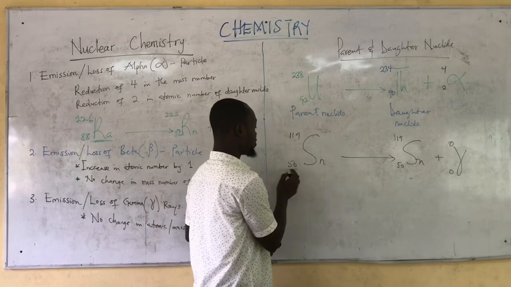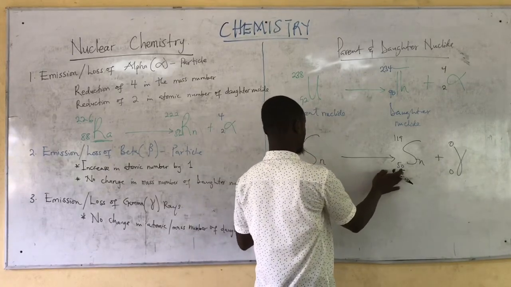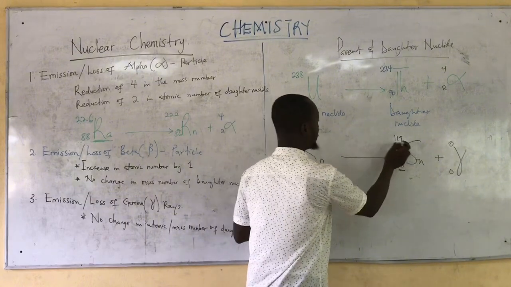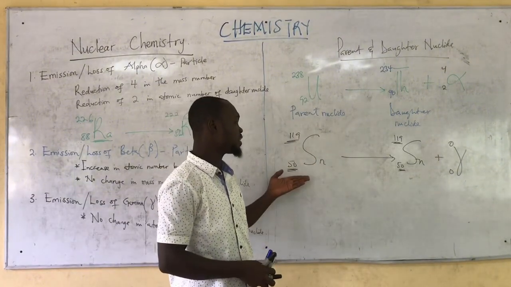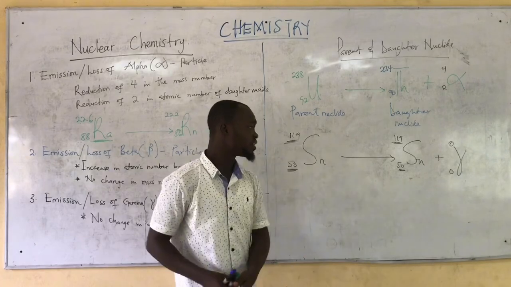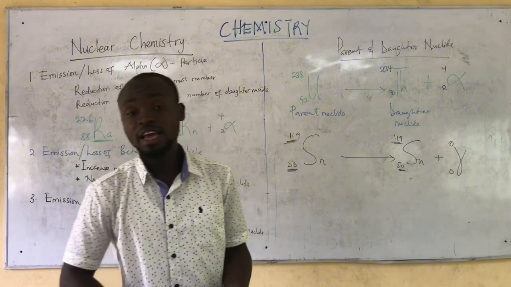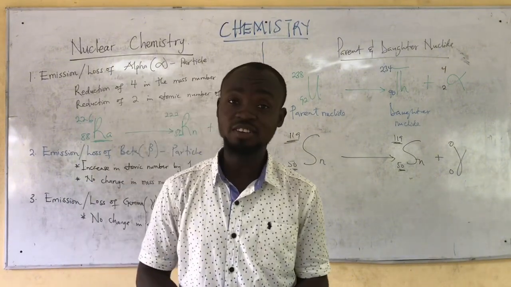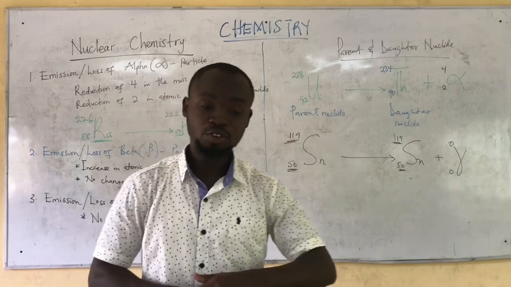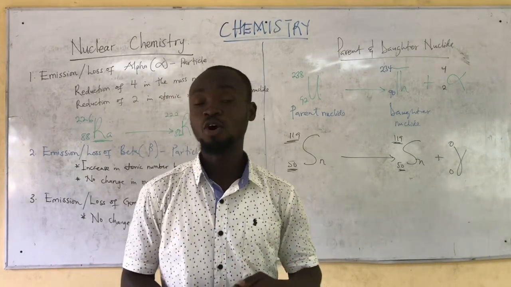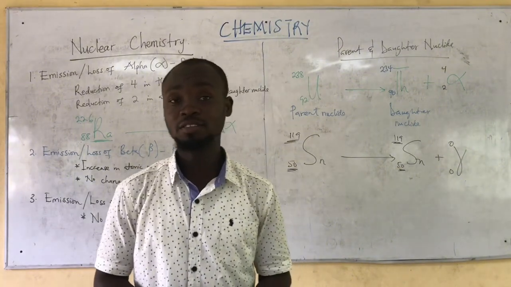So comparing the parent nuclide and the daughter nuclide, they have the same proton number and the same mass number as well. Is that okay? If a radioactive element emits a gamma radiation, both the proton number of the parent and the daughter remain the same. There's no change. The same thing applies to the mass number as well. So this is emission or loss of an alpha particle, beta particle, and gamma radiation as well.